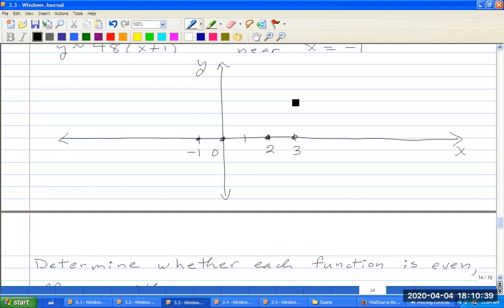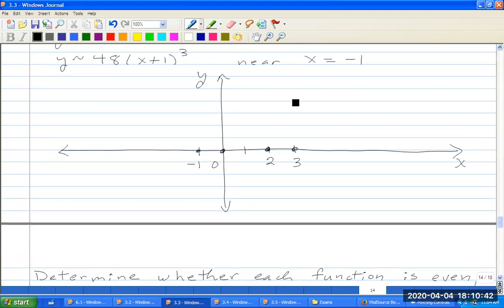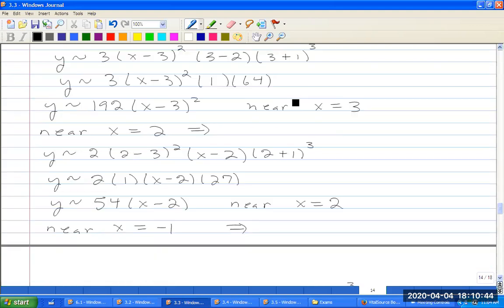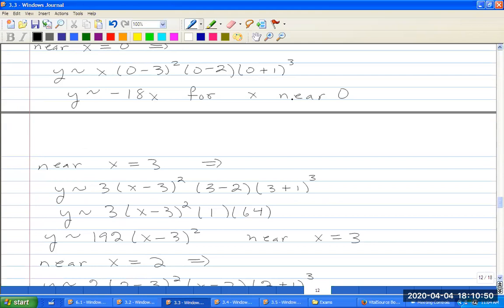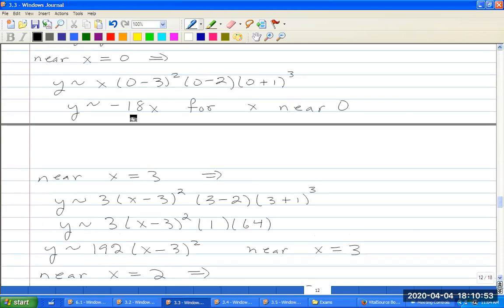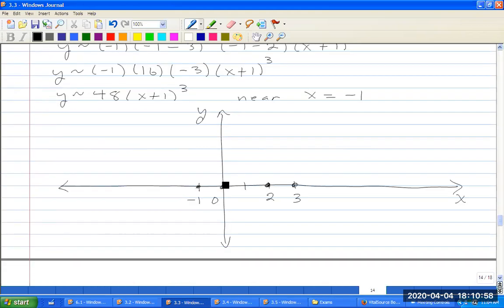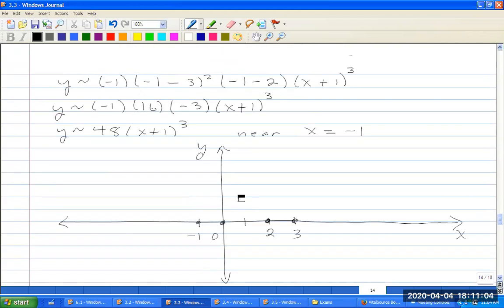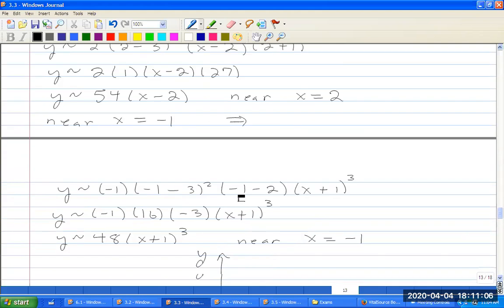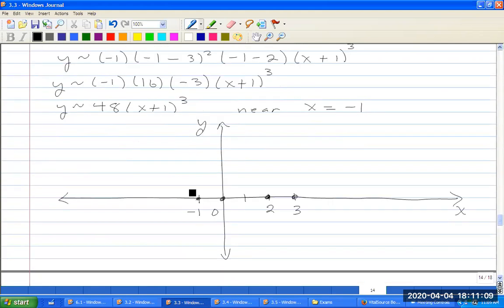Near x equaling 0, it looks like a line with negative slope. And near x equaling -1, it looks cubic. So it's going to look like a positive cubic. So it looks like positive times x plus 1 cubed. So it looks something like this here.